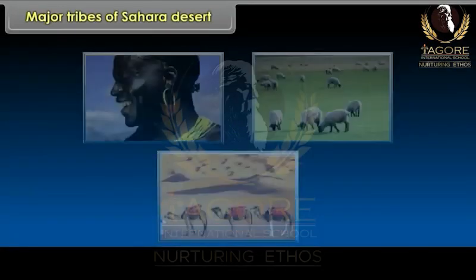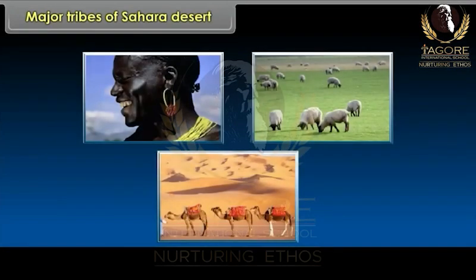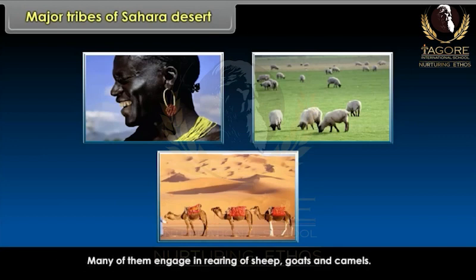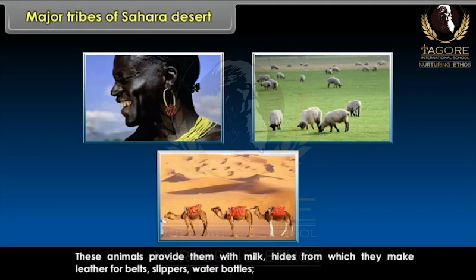Major tribes of Sahara Desert. The Bedouins are one of the major nomadic tribes of Sahara Desert. Many of them engage in rearing of sheep, goats and camels. These animals provide them with milk and hides from which they make leather for belts, slippers and water bottles.